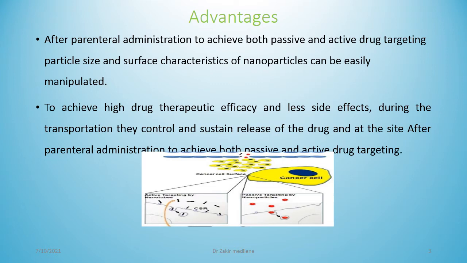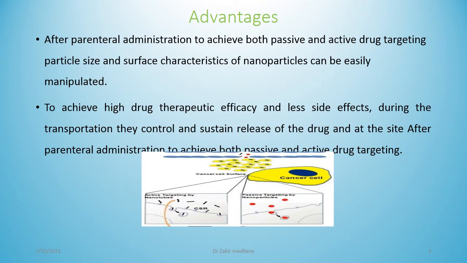So for greater therapeutic efficacy and to avoid maximum side effects during the transportation of the drug and at the site after parenteral administration, this methodology has been used. The nanoparticle is one of the best options for the treatment of cancer type diseases.